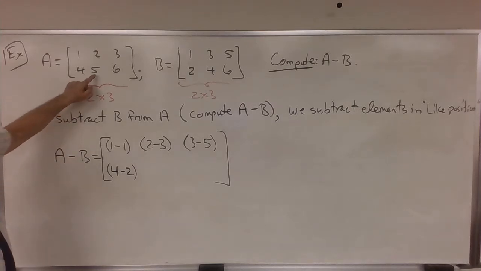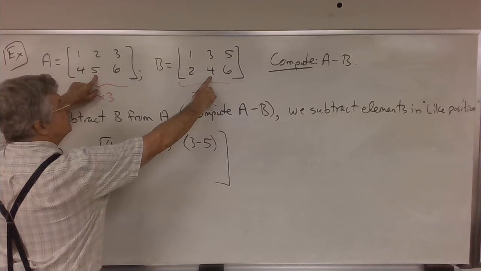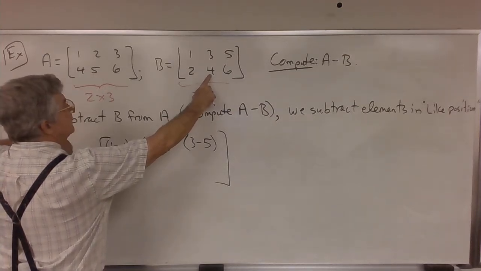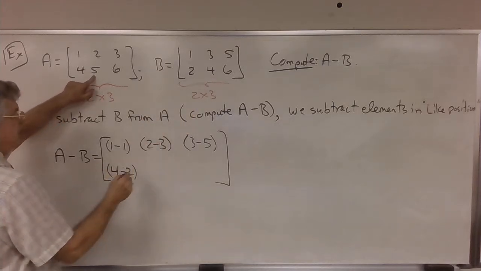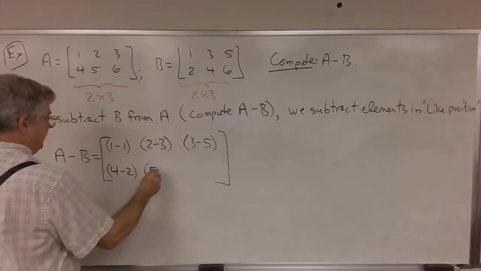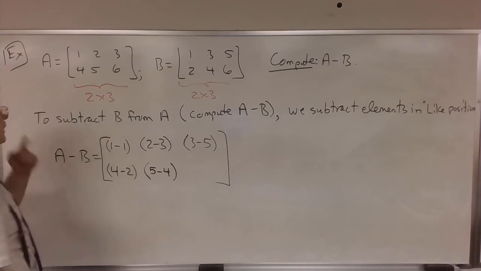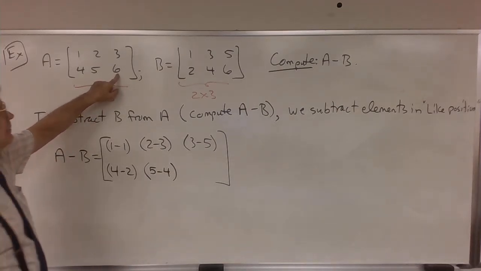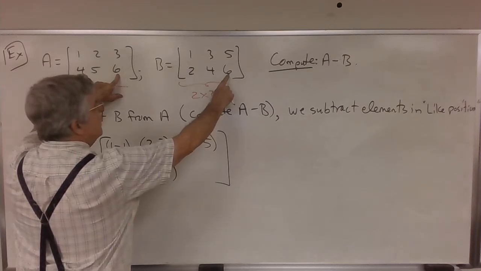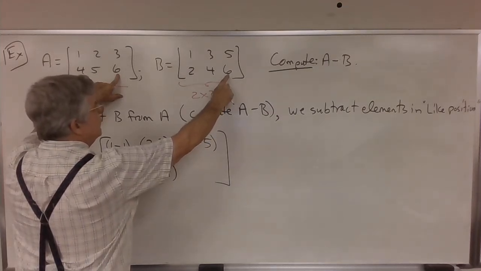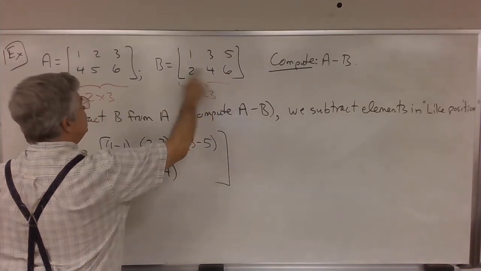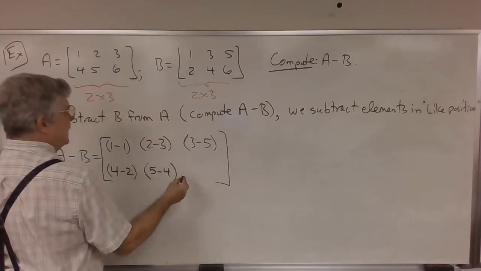Then we move to the second row, second column in both matrices and subtract the corresponding element from B from the element in A. And then we go to the second row, third column and find the corresponding element in B, second row, third column. And we subtract the element in B from the corresponding element in A.